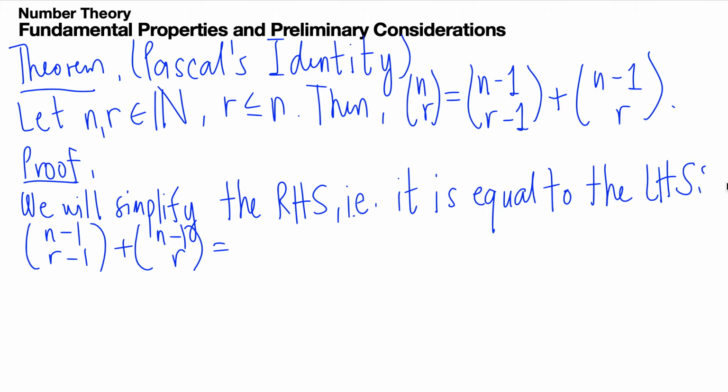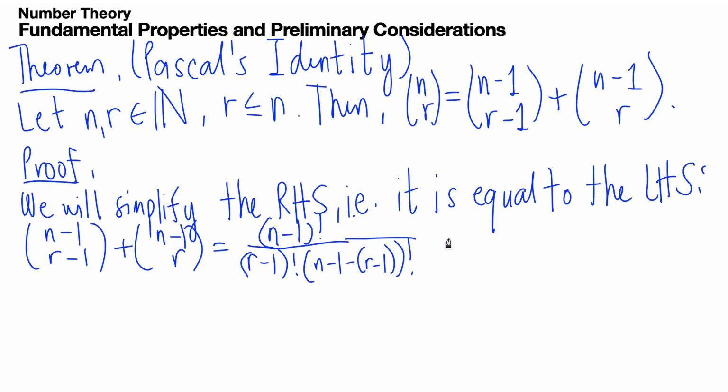Okay, so for here, term above, and then put a factorial, n minus 1 factorial, and then we're going to write the item below, r minus 1 factorial, and then we're going to write the 1 above minus the 1 below. So we have n minus 1 minus r minus 1 factorial. Let's simplify that better later.